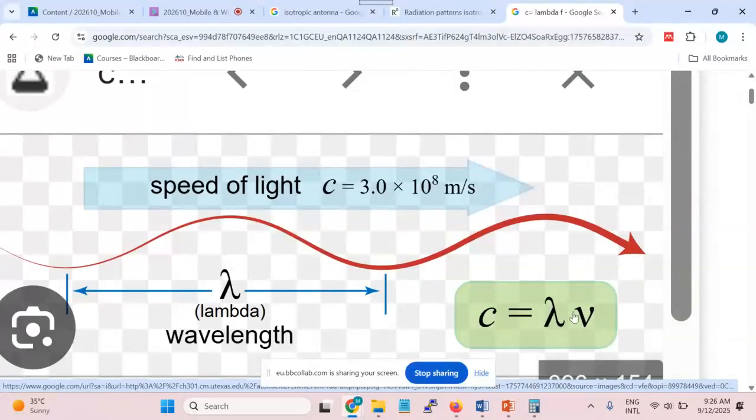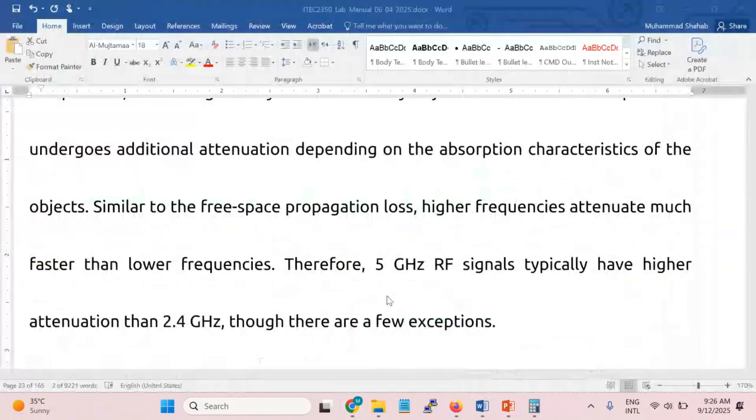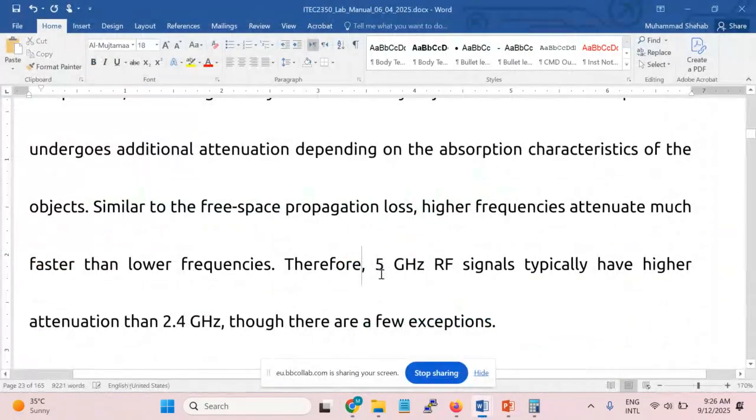Once I increase the frequency, the wavelength will be smaller. Once I decrease the frequency, the wavelength will be larger. So here, 5 GHz has a higher frequency than 2.4 GHz.